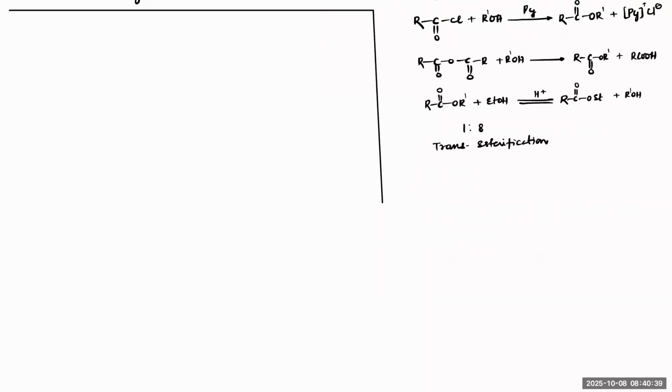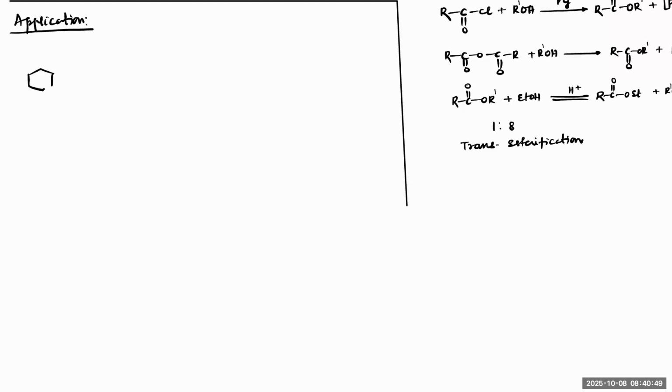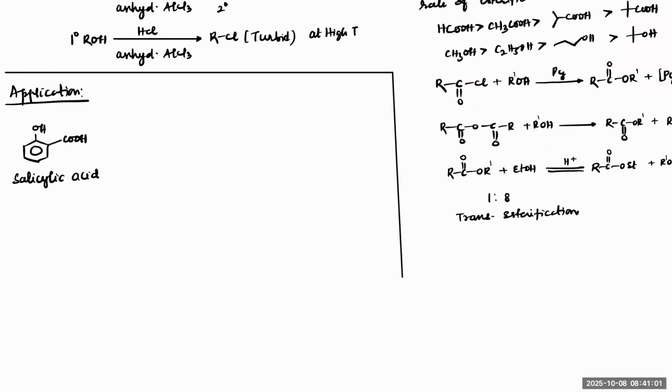Now, mainly the applications that are asked from esterification will be these. First, salicylic acid esterification cases are the most asked ones. This is called salicylic acid. When you react salicylic acid with methanol, you will get esterification, giving COOCH3 here.